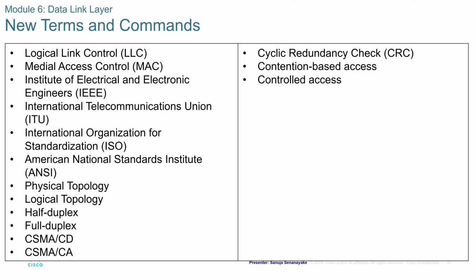You need to understand the concepts of CSMA/CD and CSMA/CA. And you need to understand cyclic redundancy checks, CRC, and how they are used in packet switching. You need to understand contention-based access and controlled access. It's already discussed in my summary, but it is just to give you a quick overview. You can pause the video here if you just want to have a quick overview, for example.